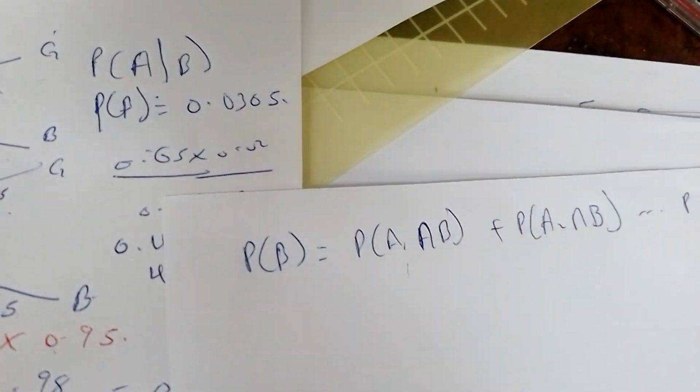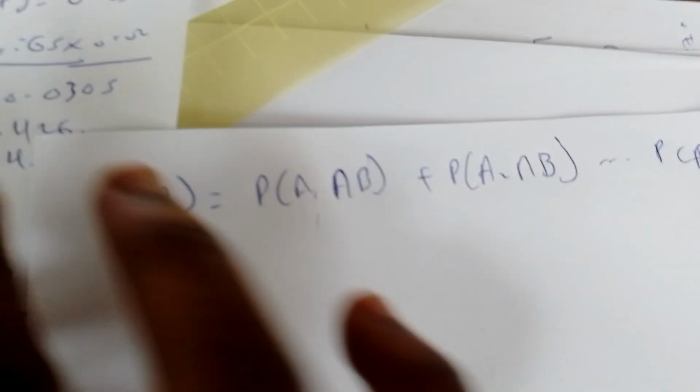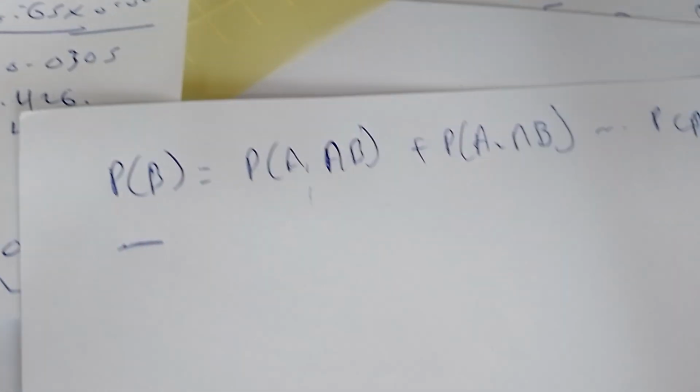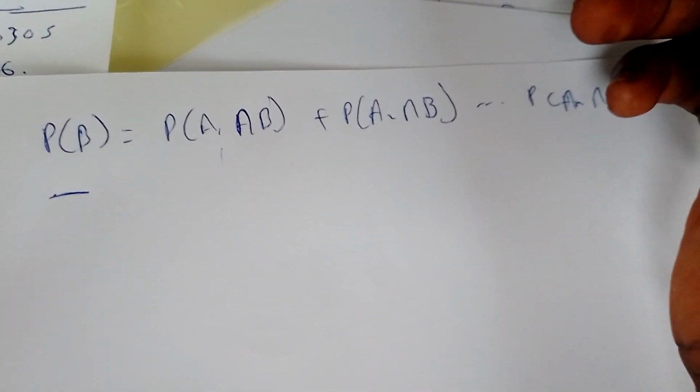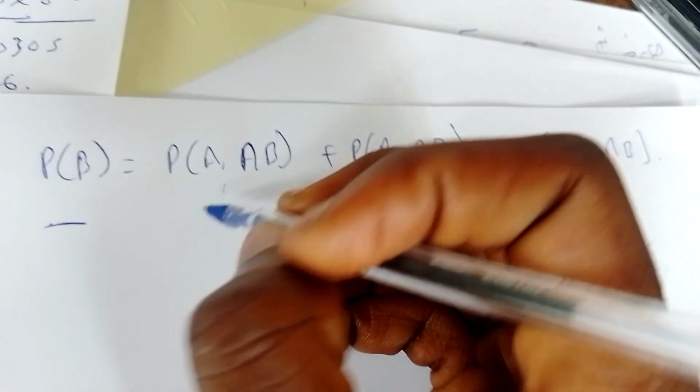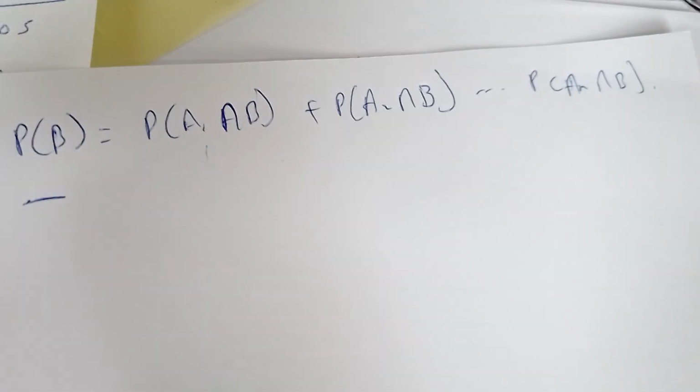Okay, so when you open your slide, it says try this question on Bayes' theorem. Okay, so let's try. Hopefully we don't get a wrong answer. It says suppose a certain drug test is 99% accurate.